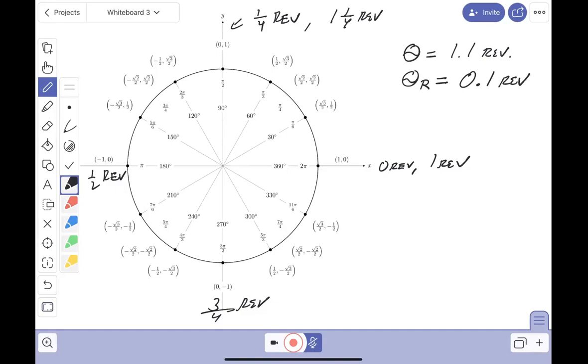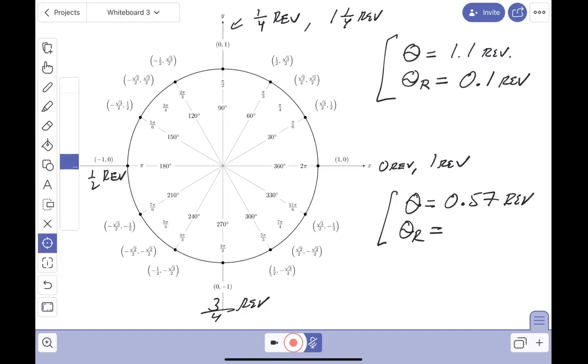All right, let's take another example. This is one example here. Let's say I said theta was equal to 0.57 revs. What's the reference angle going to be? Well, think about it. What are you doing over here?